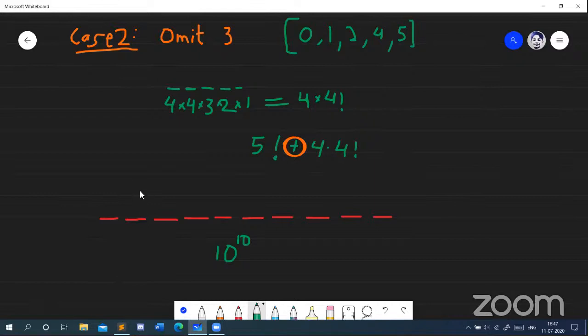I have 10 choices for the second blank, because repetition is allowed in phone numbers, right? I have 10 for the third blank, and so on, 10 times. So I'll multiply 10 by itself 10 times, and therefore I'll get my answer as 10 to the 10.